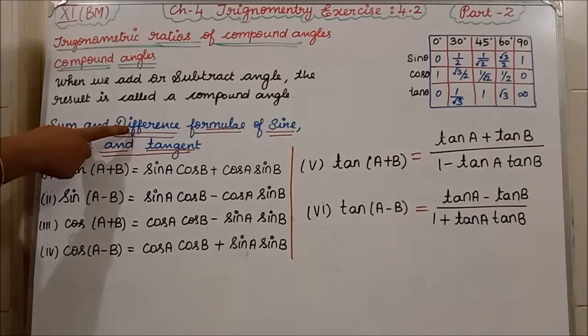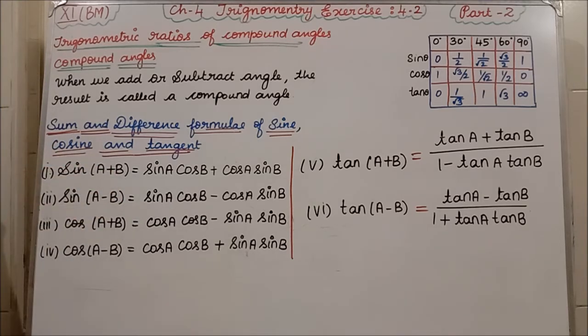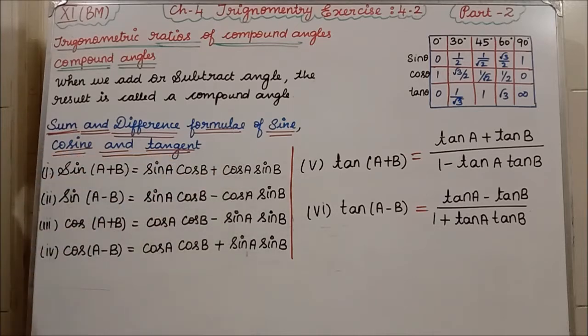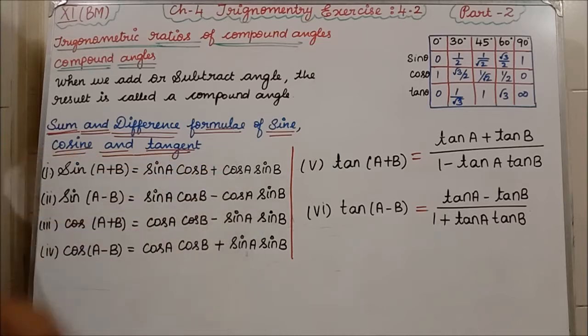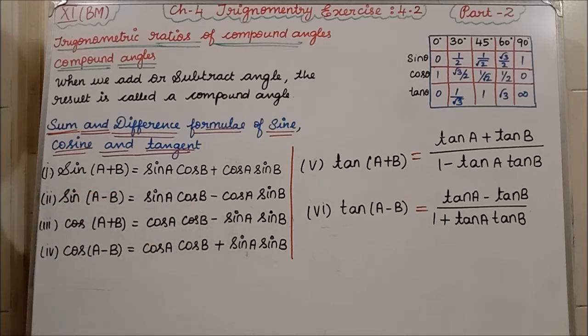Okay, the sum and difference formulas, which means the add and subtract formulas of sine, cosine and tangent, we are going to see. Sine A plus B means sine A cos B plus cos A sine B. Sine A minus B is the same formula, but only the sign will differ.